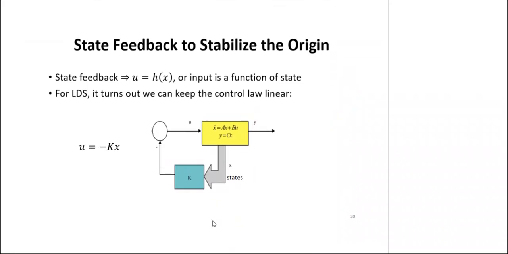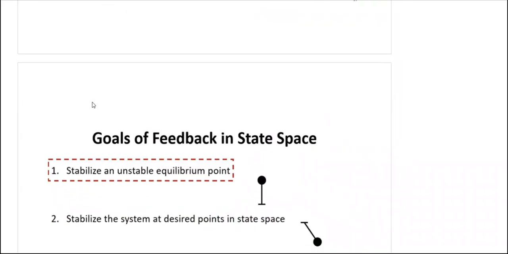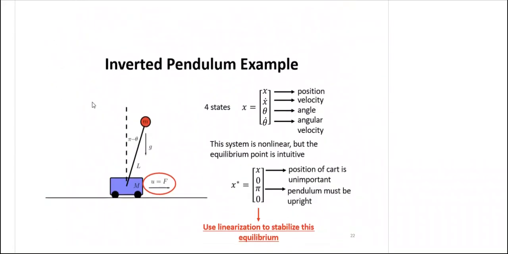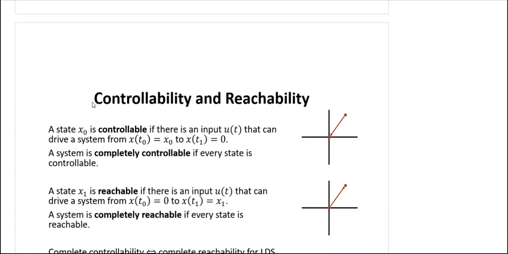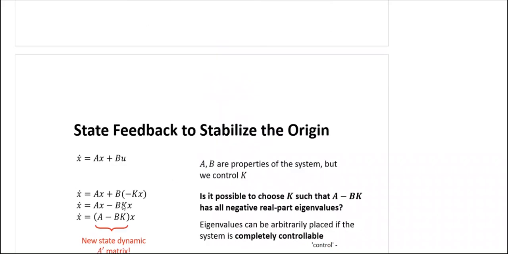So state feedback to stabilize the origin. State feedback, or input is a function of the state, for LDS, which stands for something. I think I'll get it pretty soon. So for this, we can keep the control state linear as u equals minus kx. x is the states, and the input is going in here.